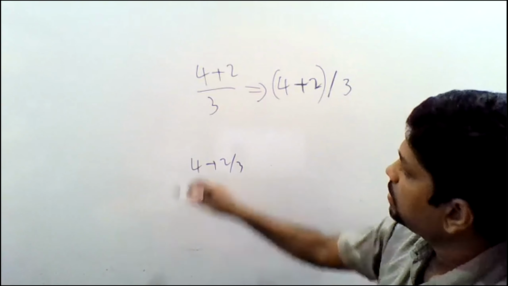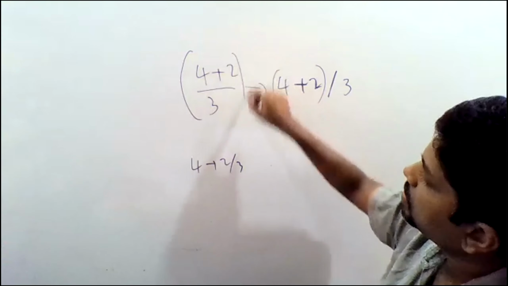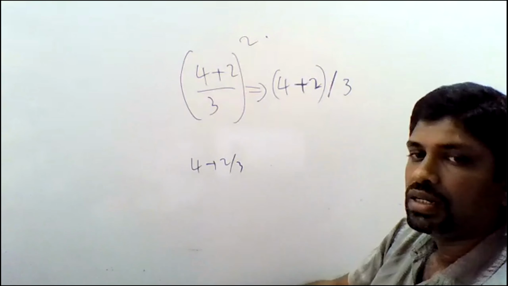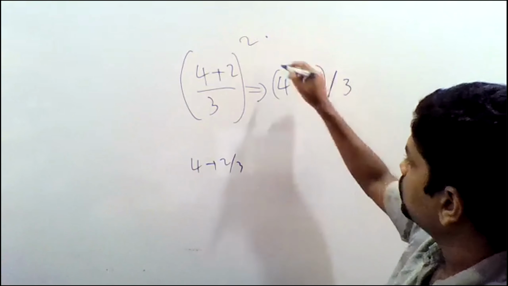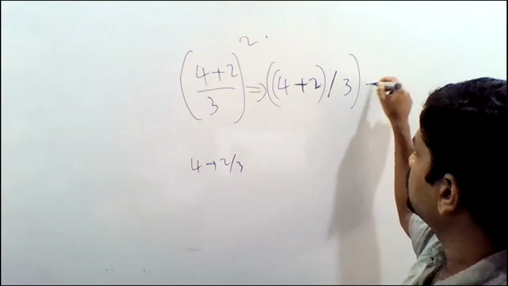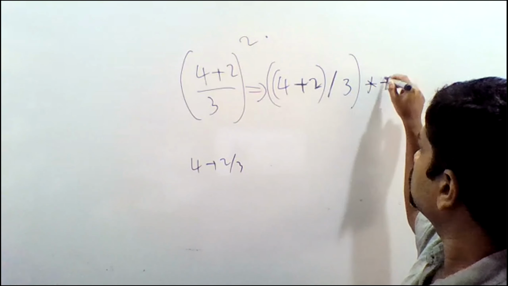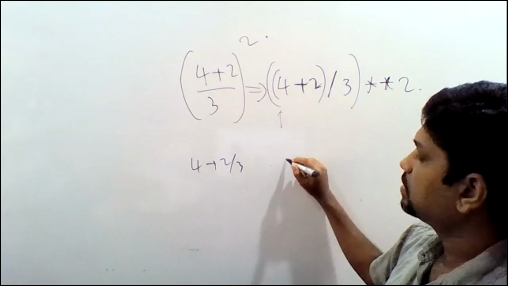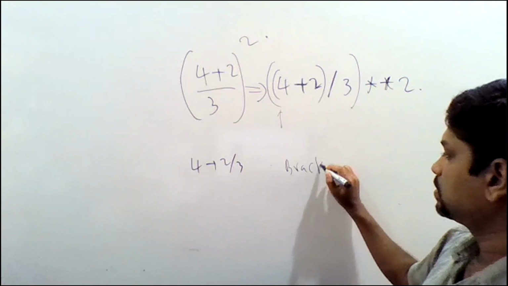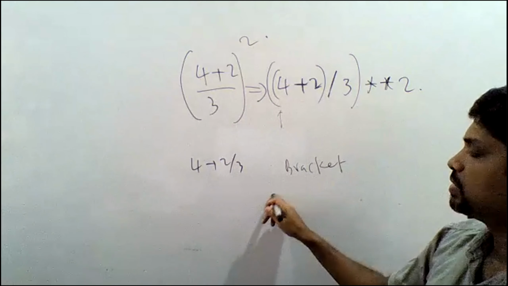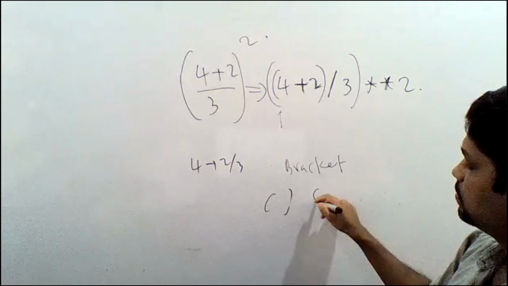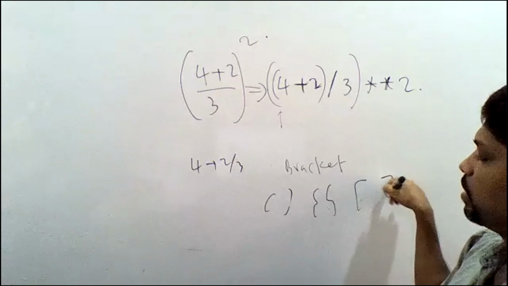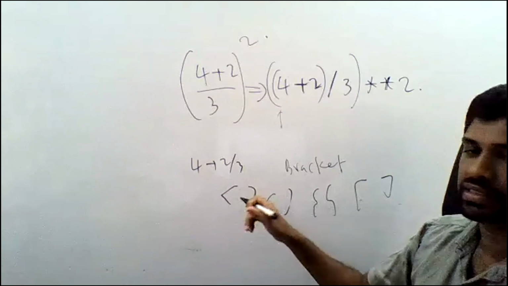Another thing is that if you want to square off the whole thing, then you have to use another bracket here. And in some cases, we have to use several brackets. Normally, we use normal brackets, curly bracket, square bracket, triangular brackets, lot of brackets, right?